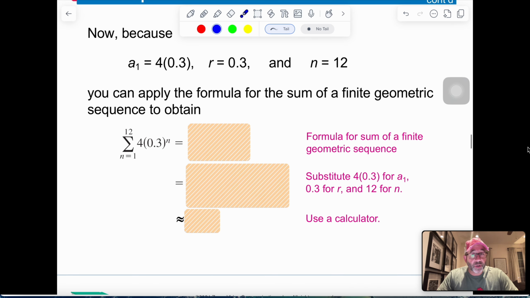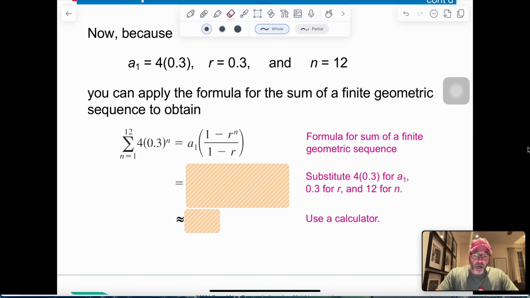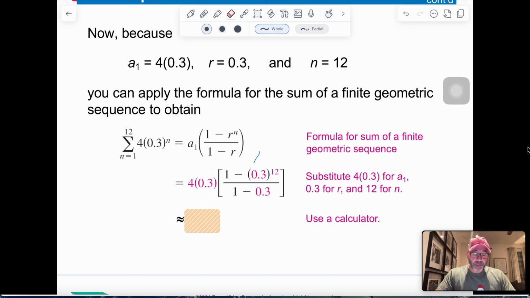So let's just use our formula. Our formula says it's whatever the first term is times 1 minus our ratio raised to the n power, which is going to be 12 in this case, divided by 1 minus r. So if we put in those values, this is what our formula looks like. 4 times 0.3, which is just 1.2, times 1 minus 0.3 to the 12th power, divided by 1 minus 0.3.